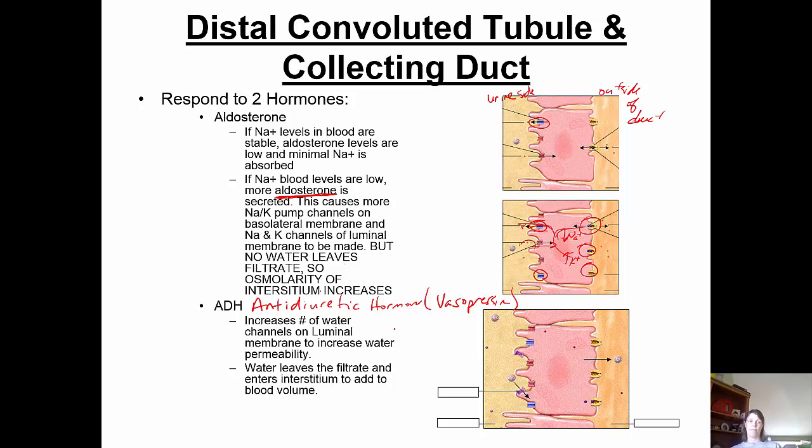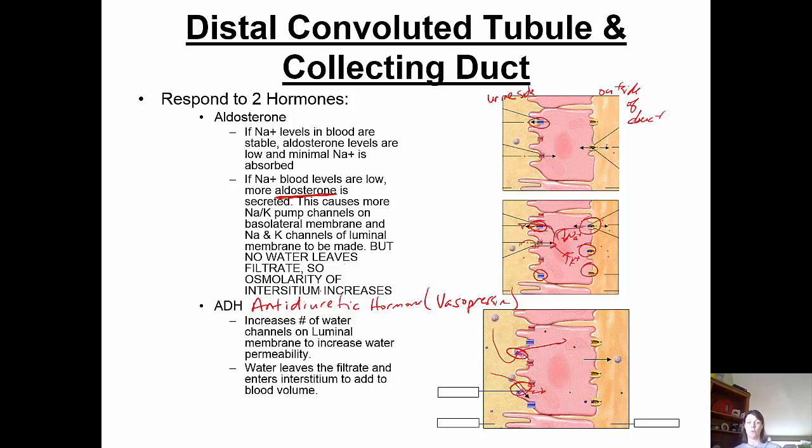ADH's job is to tell the kidney to keep water. And so ADH from the posterior pituitary gland is always being secreted, and that ADH acts on these collecting duct cells to make channels specifically for water. And when you have lots of water in your collecting duct and you have these channels, it's going to allow the water to creep through.